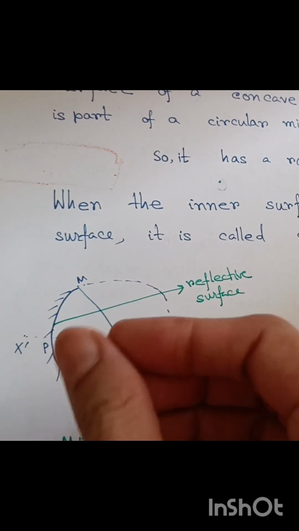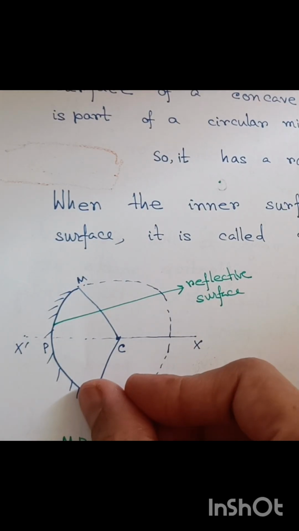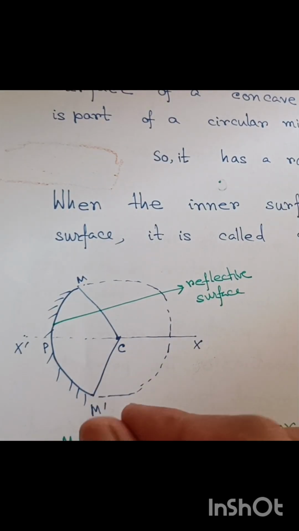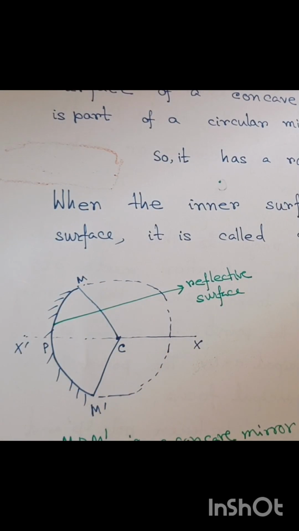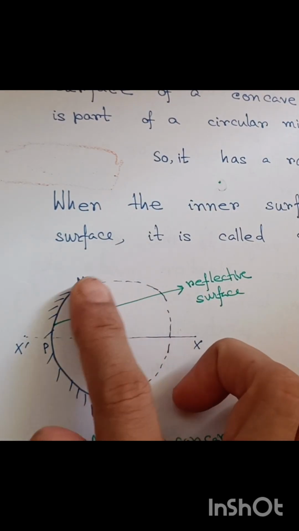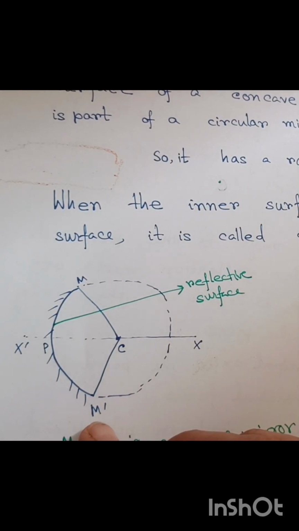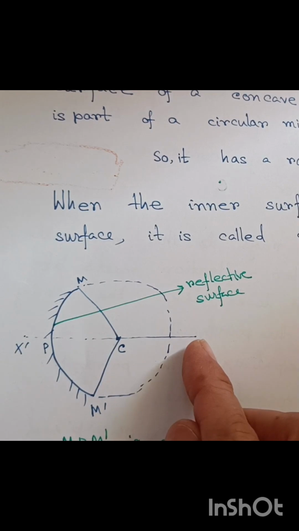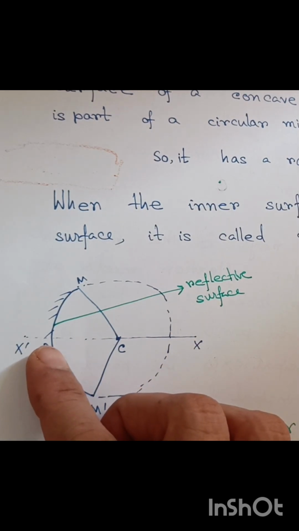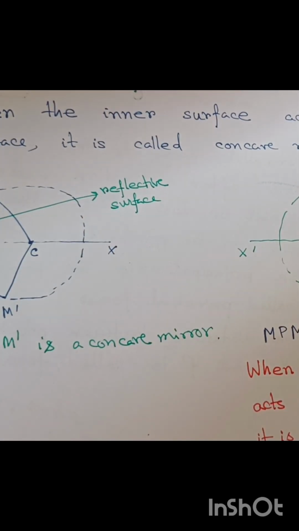So M dash is a concave mirror and it is the part of the whole circular mirror whose center is C. Here C is the center of the circular mirror and also the center of M dash concave mirror. And X dash CX is the principal axis of the M dash concave mirror. See, the inner side is the reflective surface.